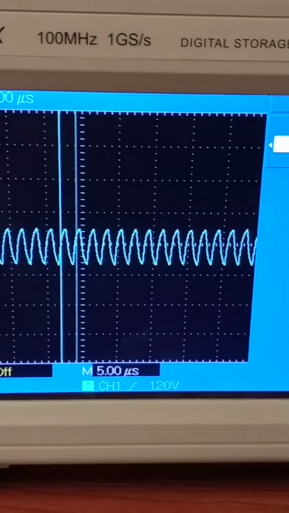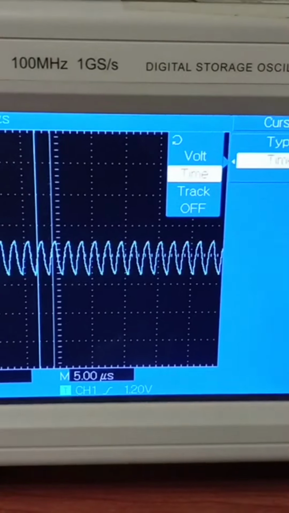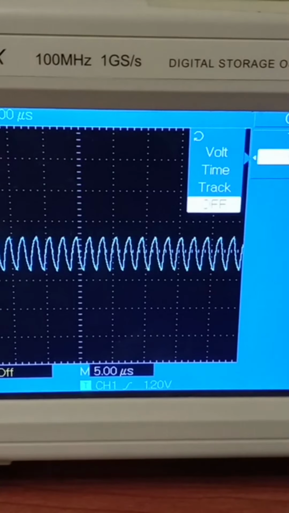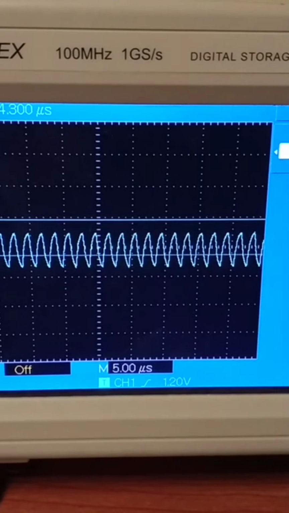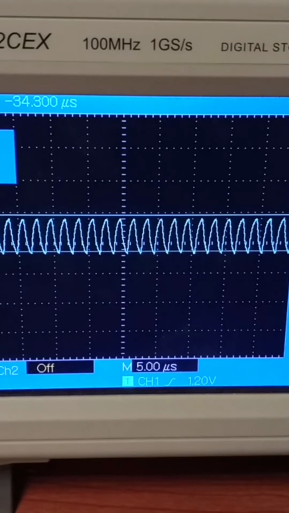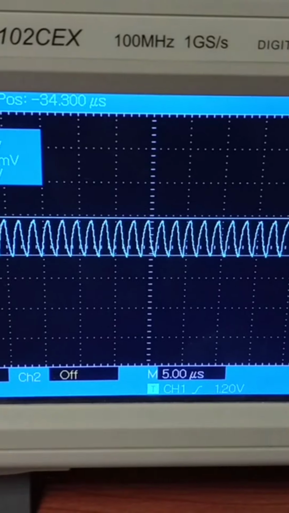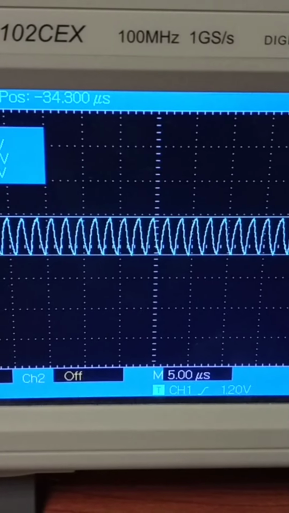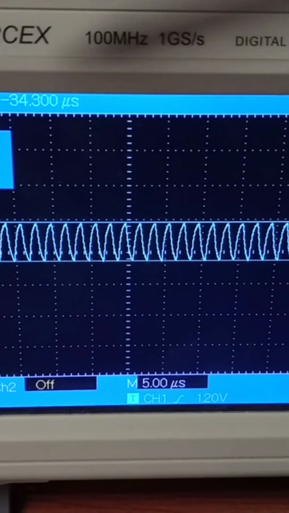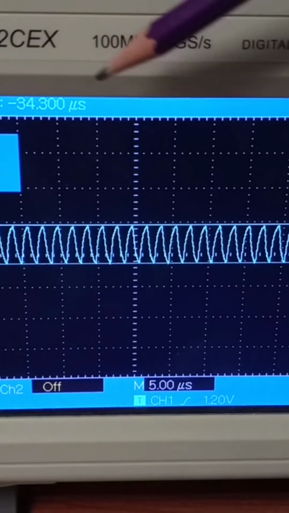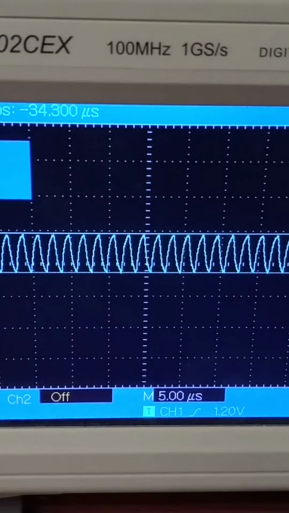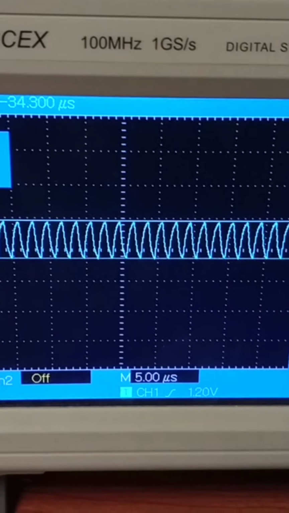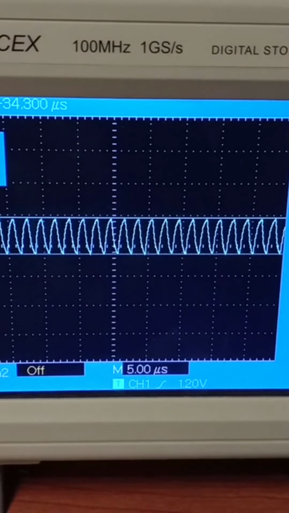Now I am changing the cursor function from time to voltage for taking the vertical cursors. The peak to peak voltage reading is about 5.90 volt, which is almost near 6 volt. So this is the parameter which we have set for the carrier frequency.